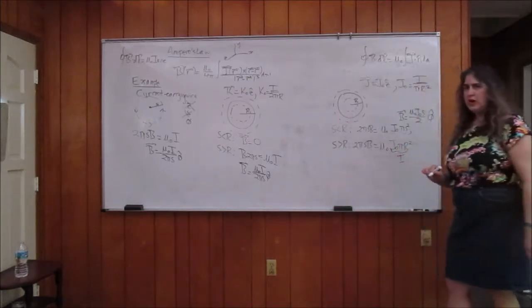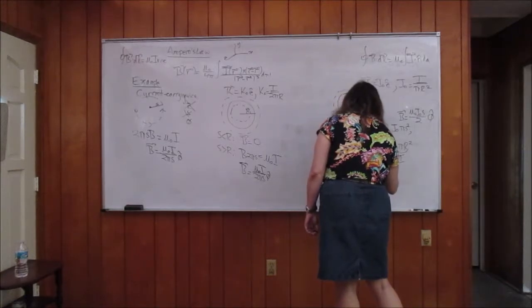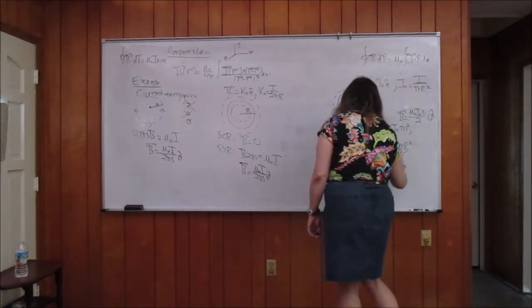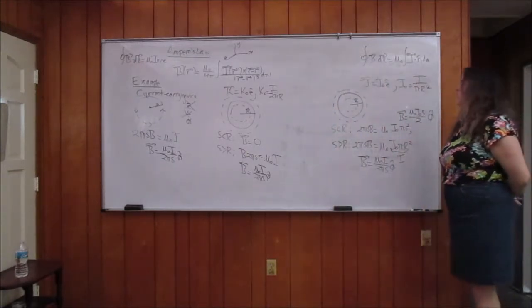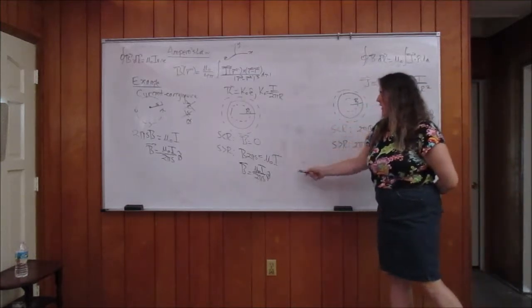But that's total current I, and therefore outside, we once again have a magnetic field that has value mu naught I over 2 pi s in a circumferential direction.